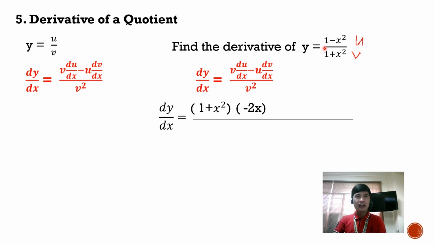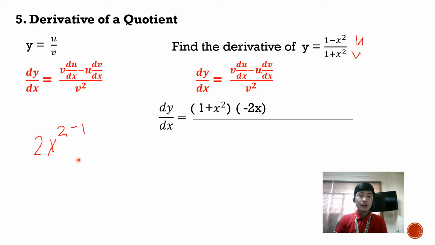Minus, gagamit tayo ng derivative ng dalawang function na mina-minus. So, derivative of a difference. X squared, papasok dito ang derivative of a power. So, baba mo yung 2, and then x raised to 2 minus 1.